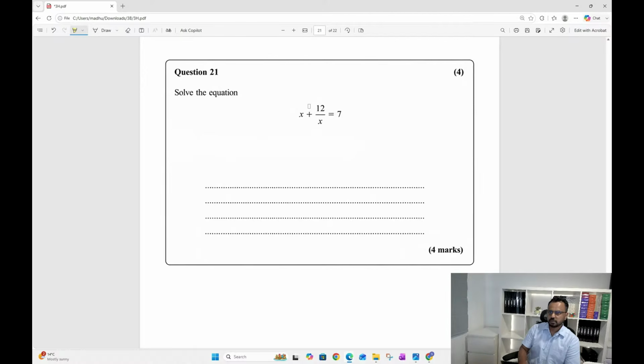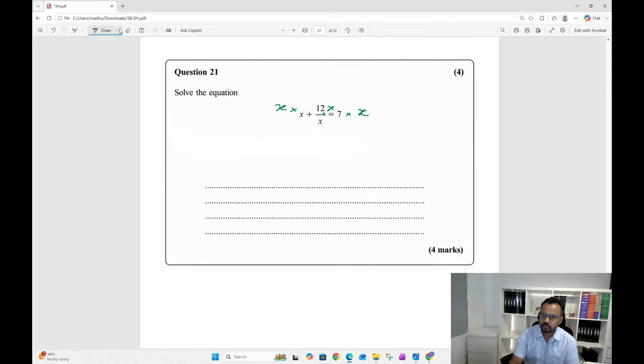Right, guys, this is a relatively easy one. Let's quickly do this one. Now, one of the problems is that people sometimes struggle to figure out how to solve this. So what you need to do is simply multiply every term by x.